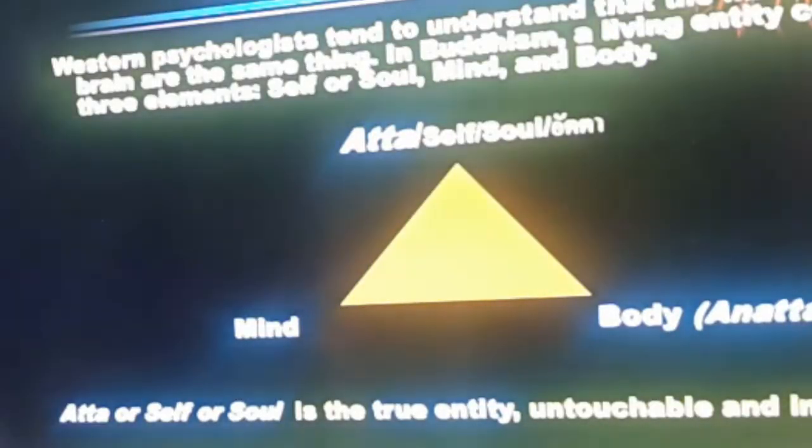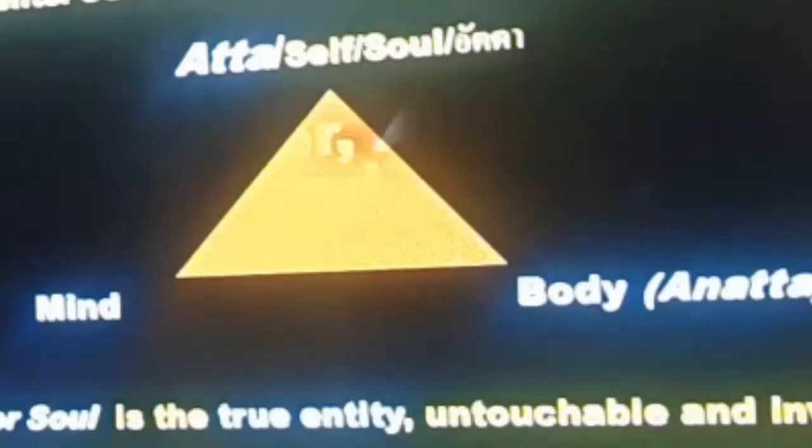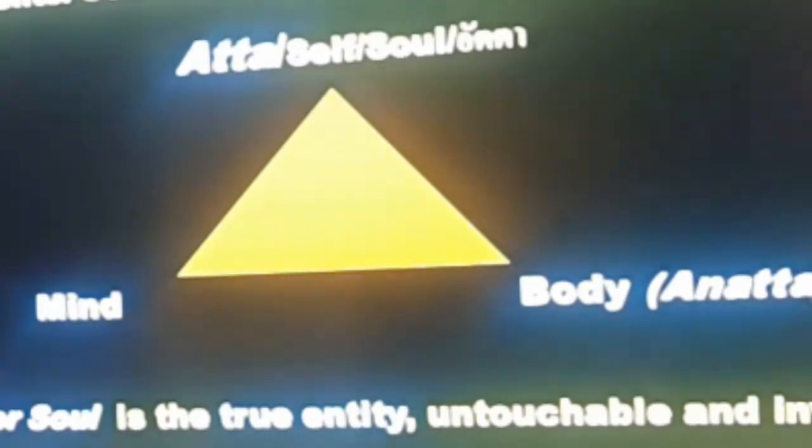Okay. Under contemplative theory, Western psychologists tend to understand that mind and the brain are the same thing, but in Buddhism, a living entity consists of three elements: self or soul, mind, and body.